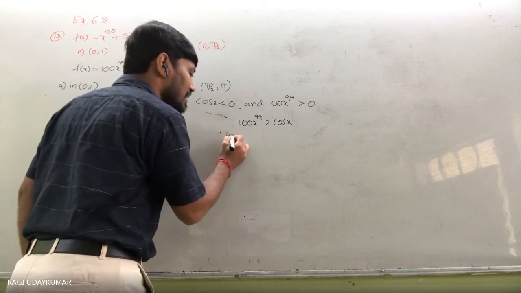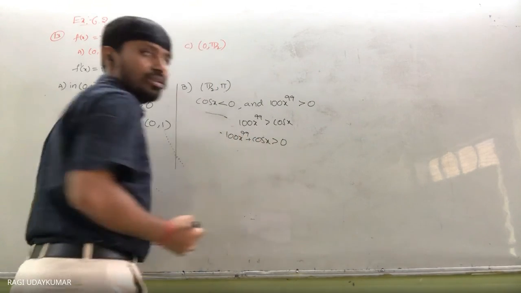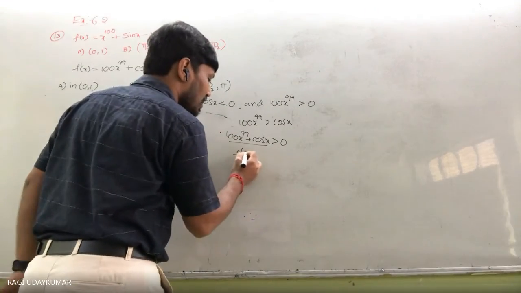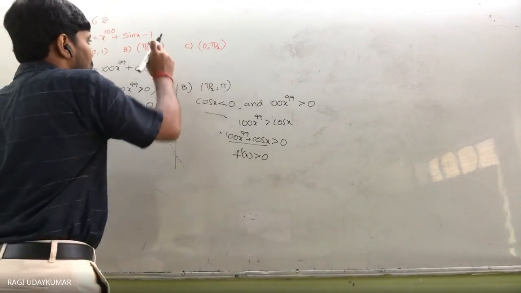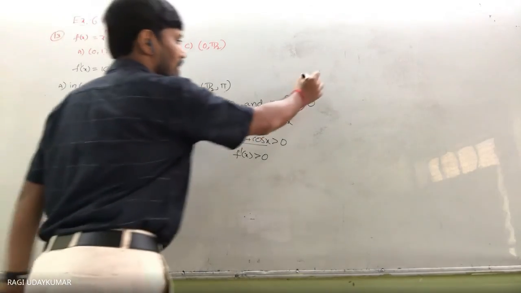So from that you can say that 100x power 99 plus cos x is always greater than 0. So therefore this is f dash of x. F dash of x is greater than 0, which means f is an increasing function in this interval also.